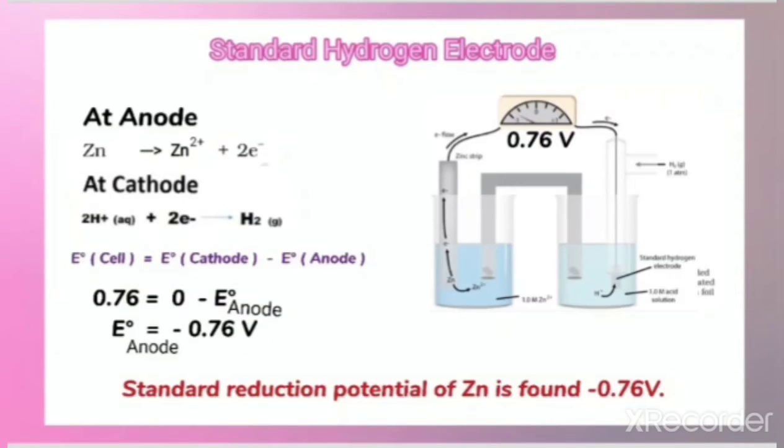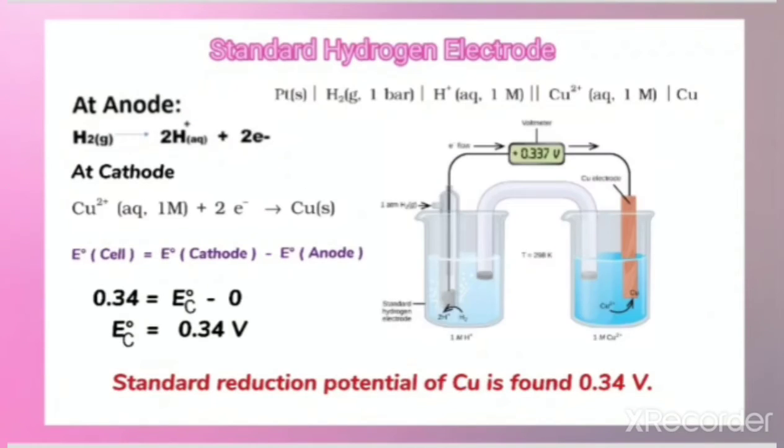But in some cases the standard hydrogen electrode acts as an anode, like in the case of copper.